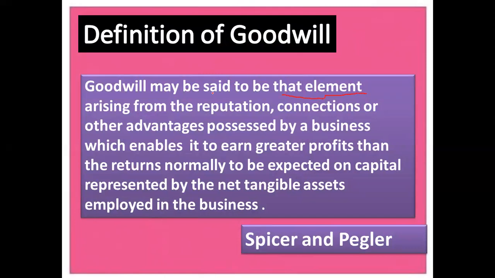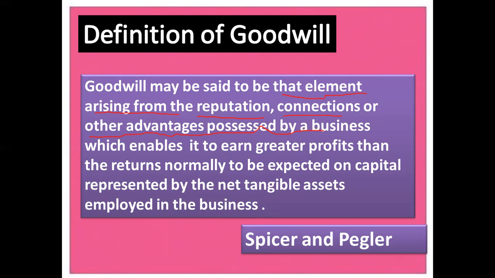Which element? Which arises from the reputation, connections, or other advantages possessed by a business. So, it is not haphazardly created. In order to create this element, the reputation of the business, its contacts, its connections have been used, and the other advantages that it possessed are used.